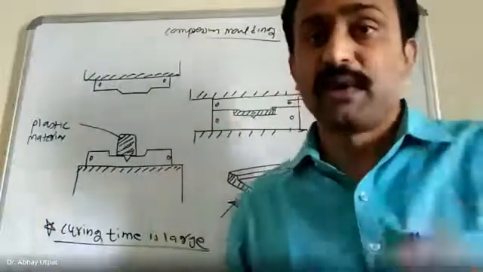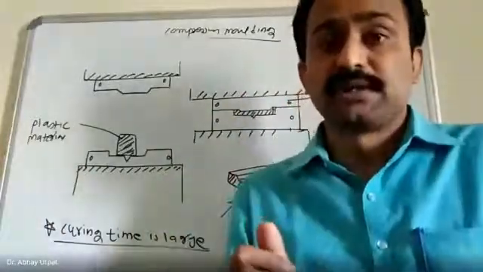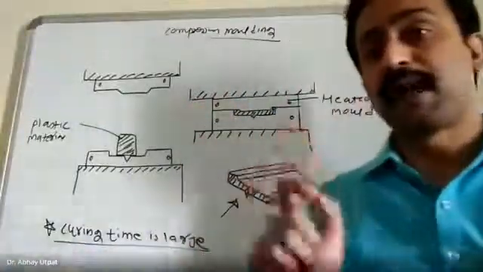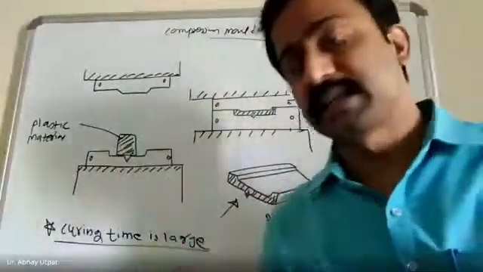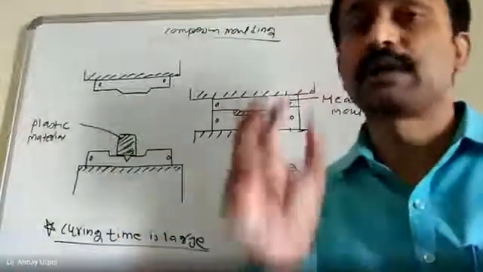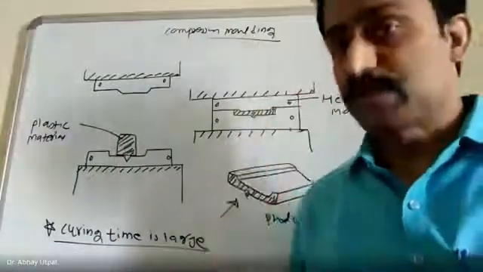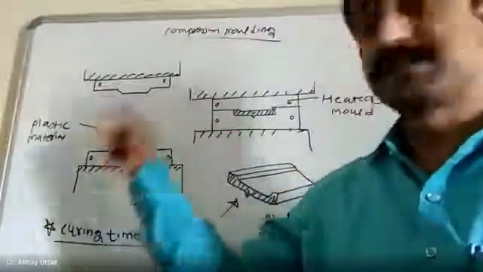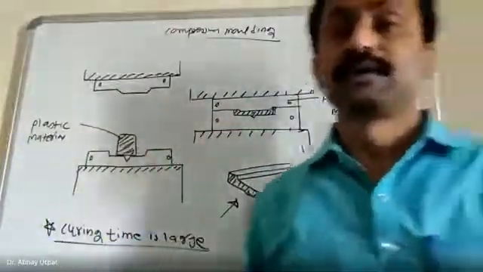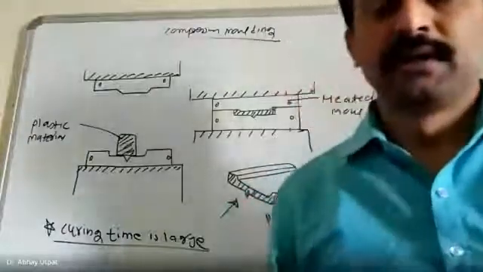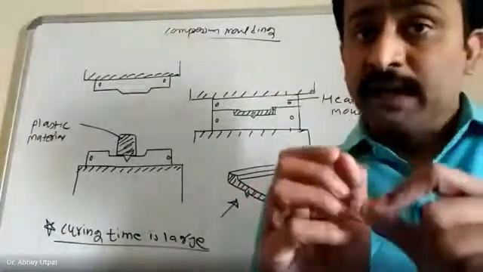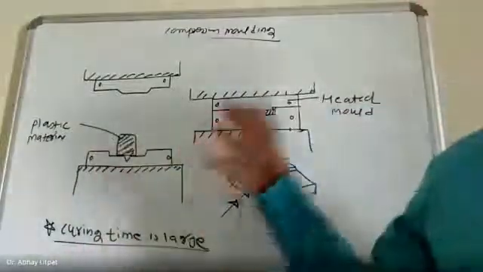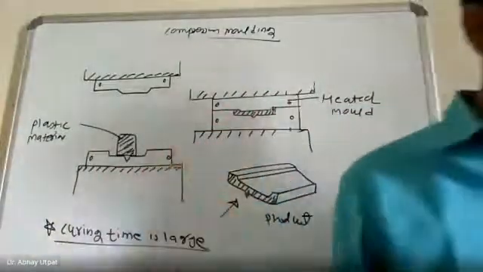Then what care is taken here? Care is taken to keep scrap minimum. That's why the material is calculated considering the volume of the chamber or die. The correct volume is calculated and accordingly the material is kept. Otherwise, once you heat and cool it, it will become hard.